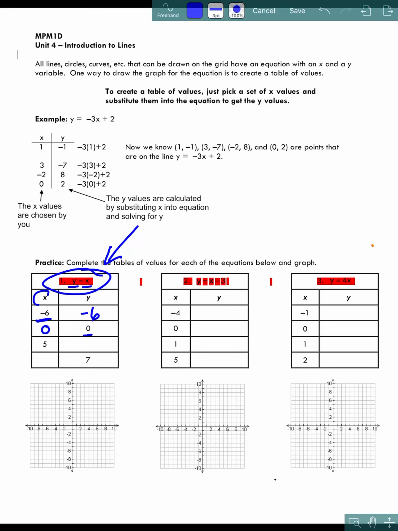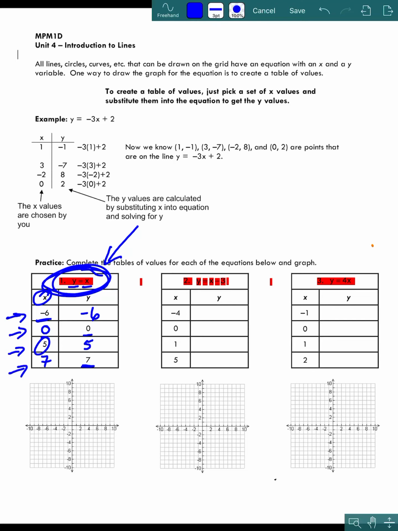If x equals 5, then y has to equal 5 based on this. And if y is 7, then x has to equal 7. So here's our chart: -6 and -6, 0 and 0, 5 and 5, 7 and 7.